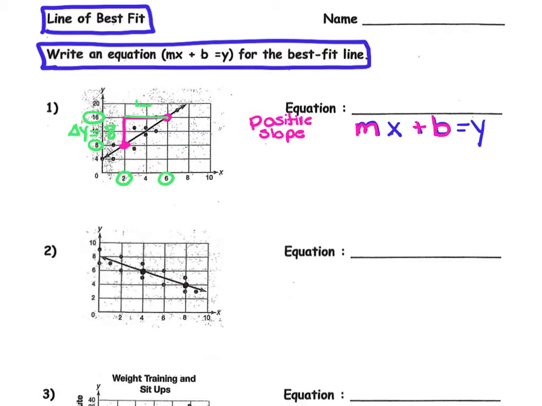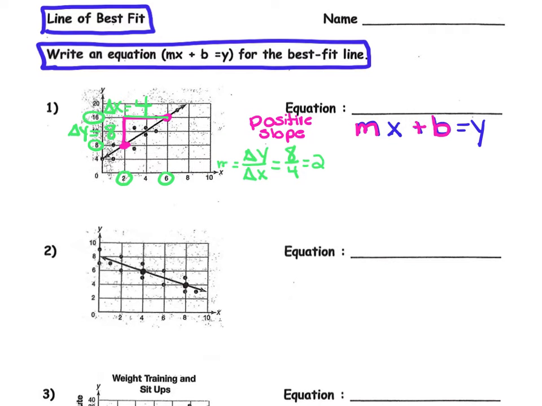That's a difference of 4, and that is our delta x. So when we set up our slope, our delta y over delta x, we're paying very close attention to the numbers on the x-axis and the y-axis. We get 8 over 4, which if we divide, we get a slope of 2.